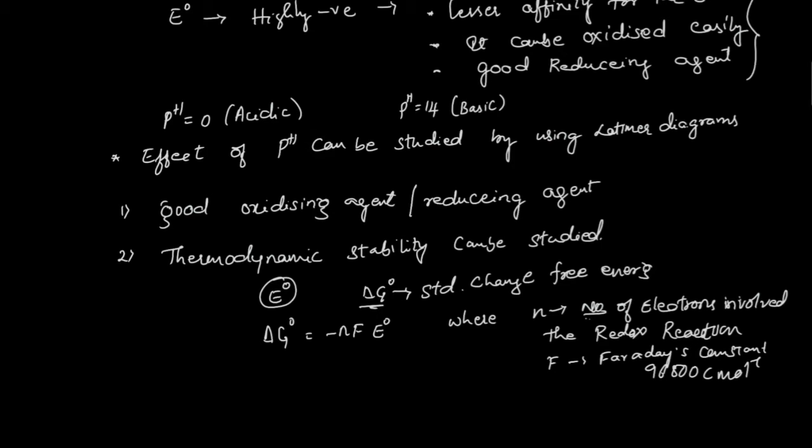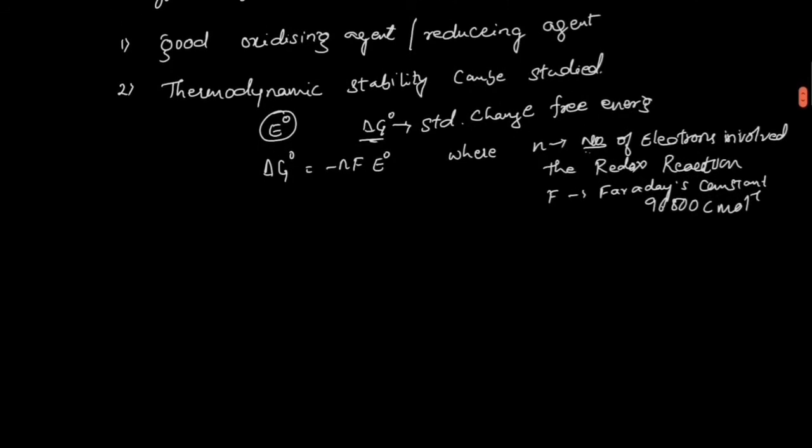And E naught, as we know, is the standard reduction potential value. By using this, we can calculate or find out the thermodynamic stability of metal ions or elements.